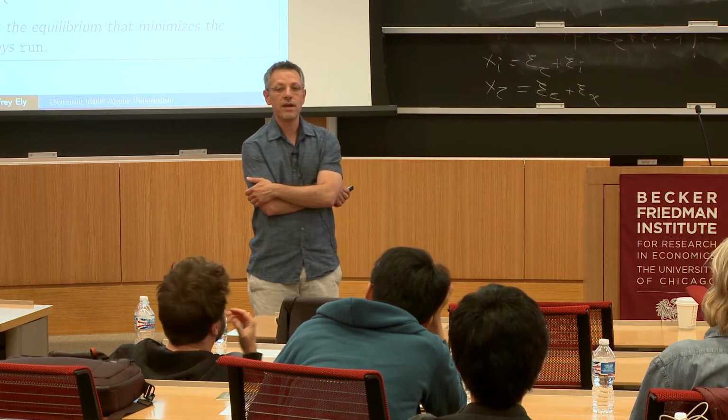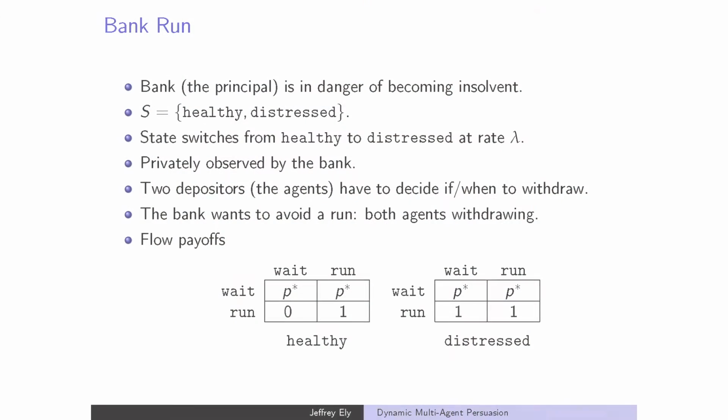Okay, so if you look at these payoffs, suppose that the principal tells agent 2, the bank is healthy, but agent 1 has withdrawn. That will induce agent 2 to withdraw. No, what I meant is he doesn't actually gain anything. We're going to have a result. Okay, so it's going to turn out that the strategic complementarities will not be costly to the principal.